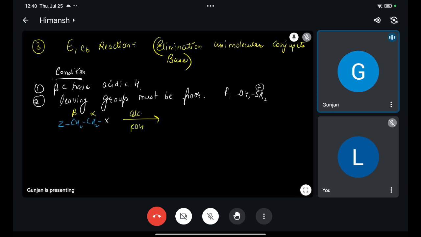Can you see the beta hydrogen over here? That beta hydrogen is acidic hydrogen. All right.